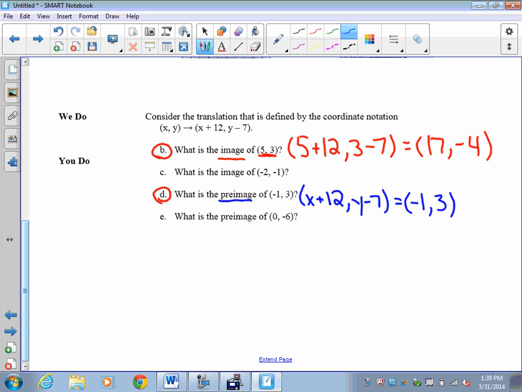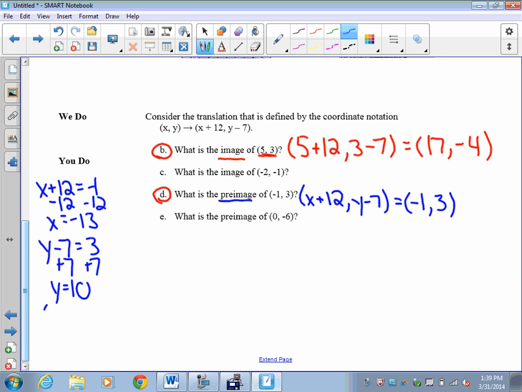I'm going to do this to the left here, x plus 12 equals negative 1. So when we subtract 12, we get x is equal to negative 13. And we have y minus 7 is equal to 3. We add 7. So we get y is equal to 10. So the pre-image is going to be negative 13, 10. That's how we do letter D.